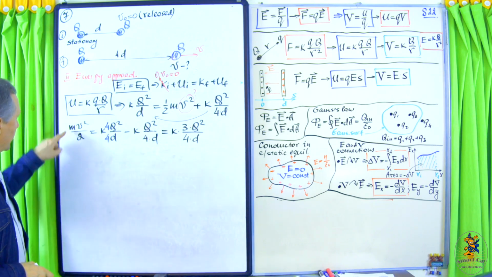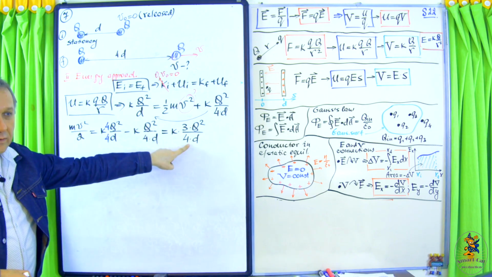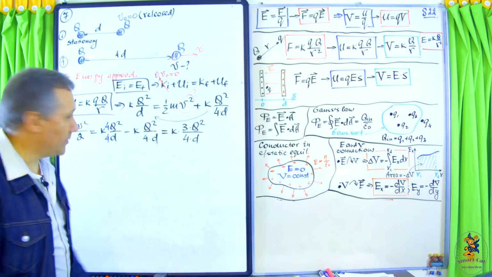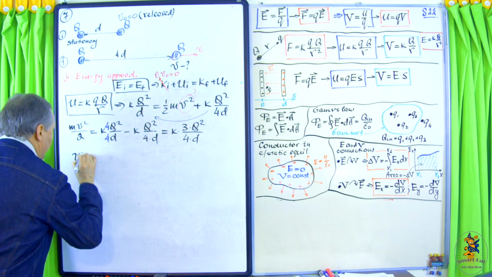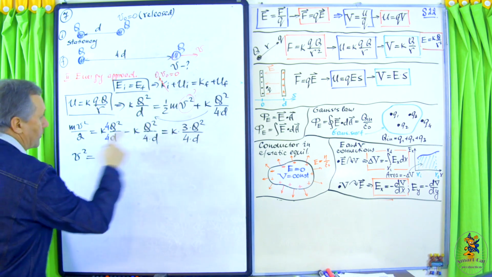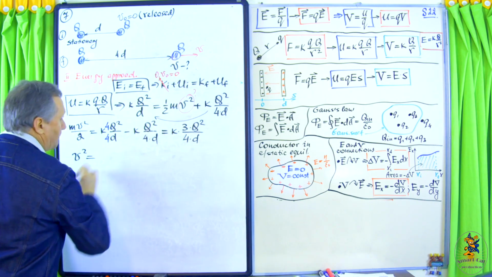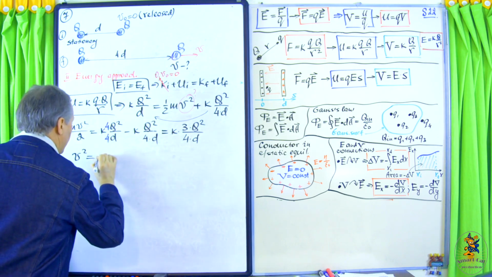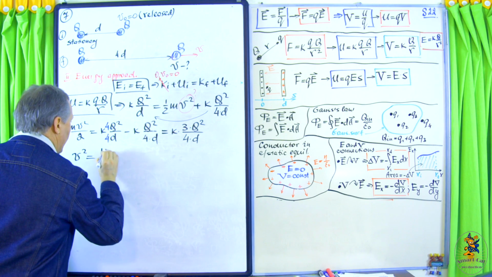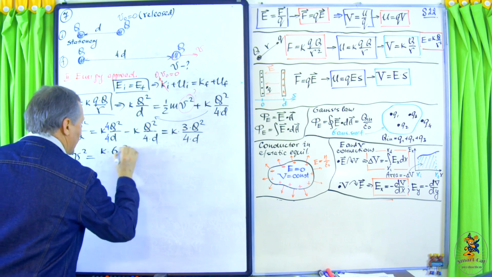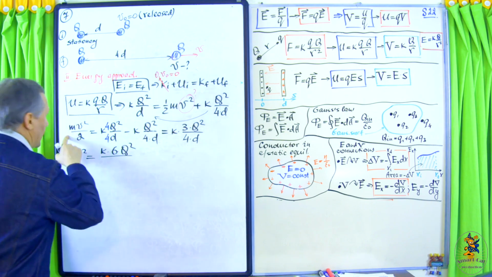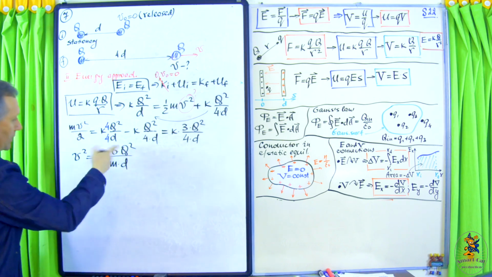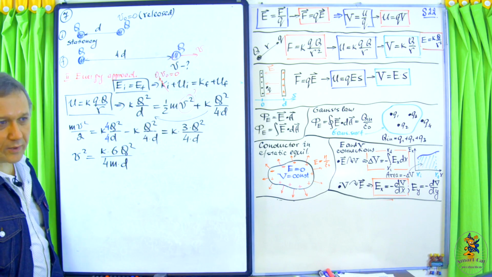Right? So, and now m goes in the denominator, 2 goes in the numerator, and that will be the answer basically. v squared equals to, okay, these two can be cancelled. Okay, I will do it later. So it will be k 6q squared over 4m times d. And now, of course, 2 can be cancelled.